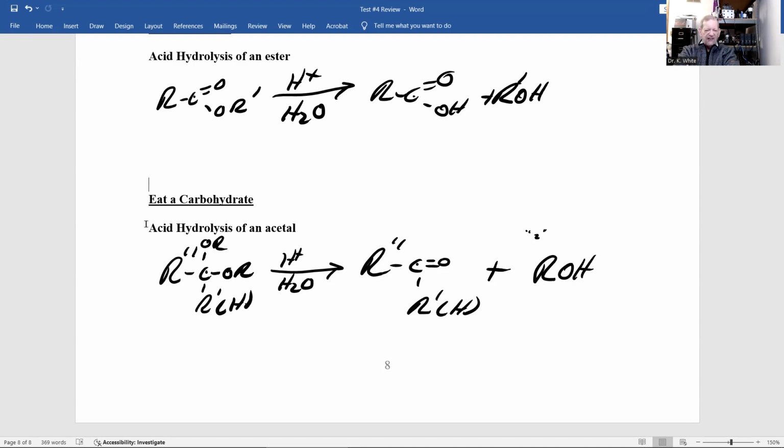An acetal linkage. And the general reaction you learned for test number 2: acetal or ketal, acid and water, you get back the aldehyde or ketone plus the alcohol you would have used to make that acetal or ketal.